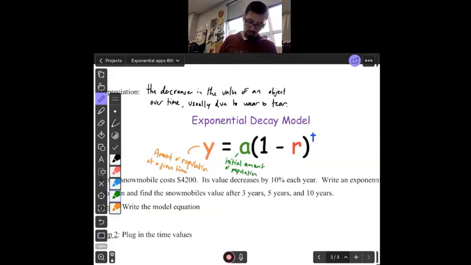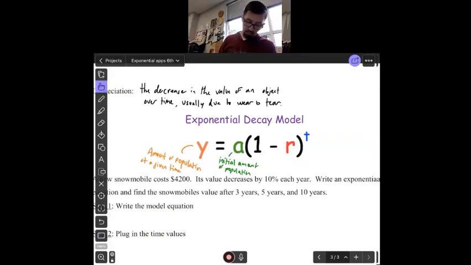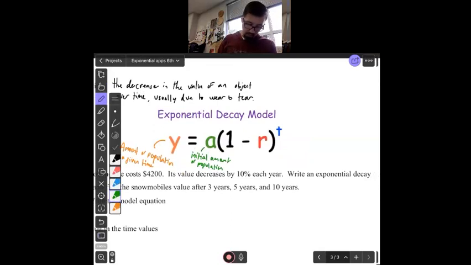And R is still the rate of change, and again it needs to be written as a decimal, which is usually the most common mistake, not getting that into the appropriate decimal. Rate of change as a decimal, and then T, of course, is time, and again this is usually in years.